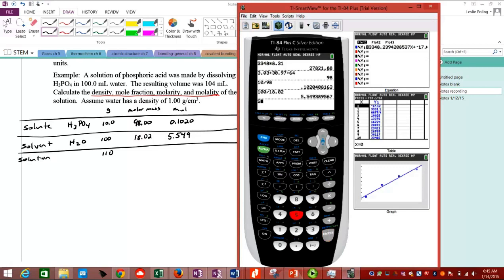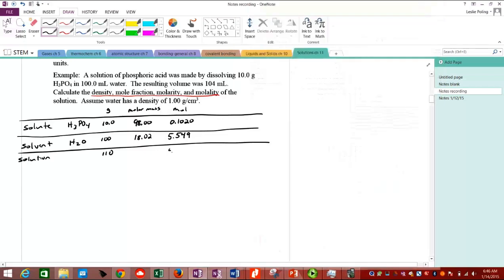So 5.549 plus 0.102, so we've got 5.651 for our total moles.